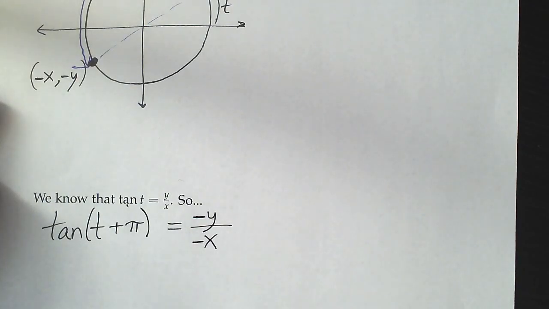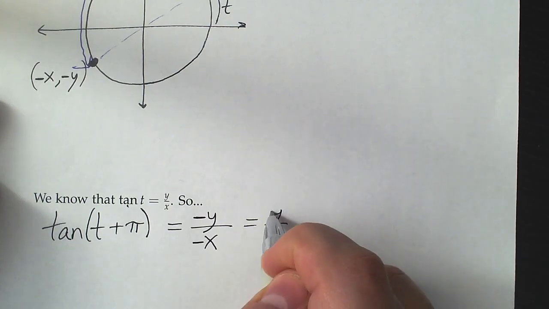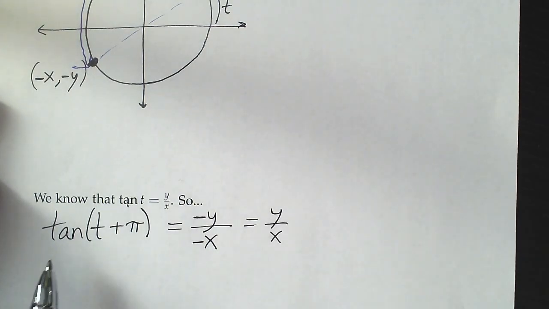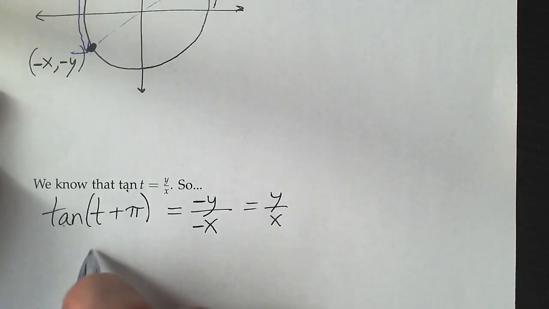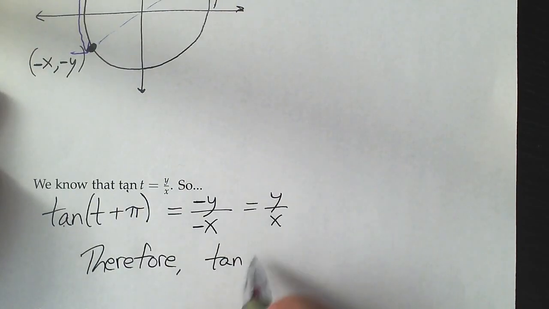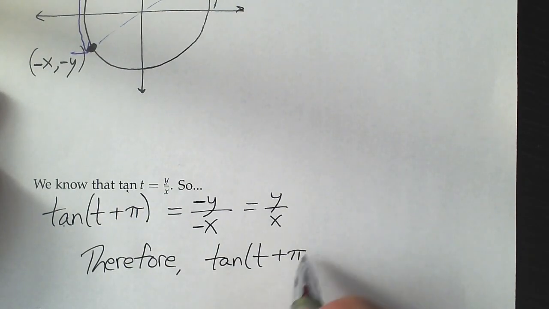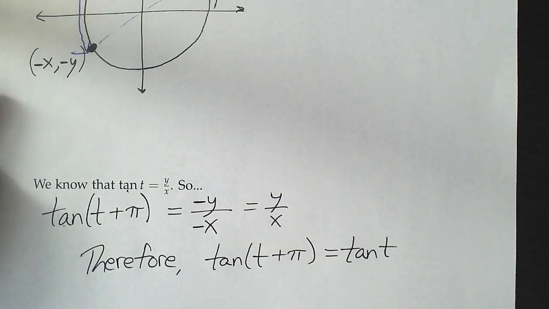But a negative over a negative would cancel, so this would get you y over x. So we just said tangent of t plus pi equals y over x. We have a conclusion. Therefore, tangent of t plus pi is getting us the same thing as tangent of t.